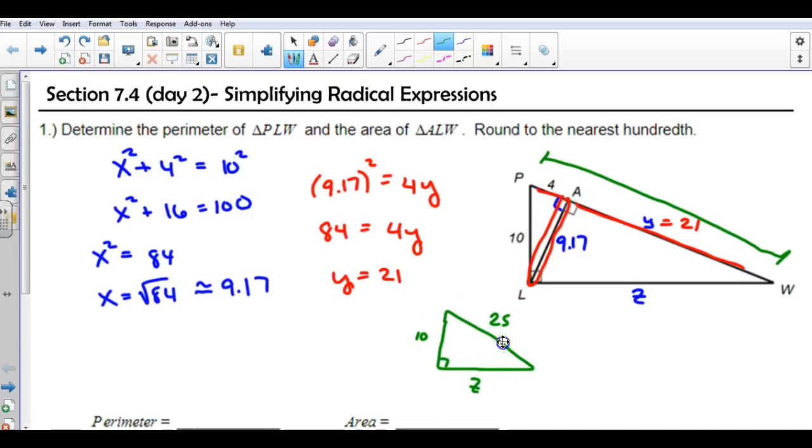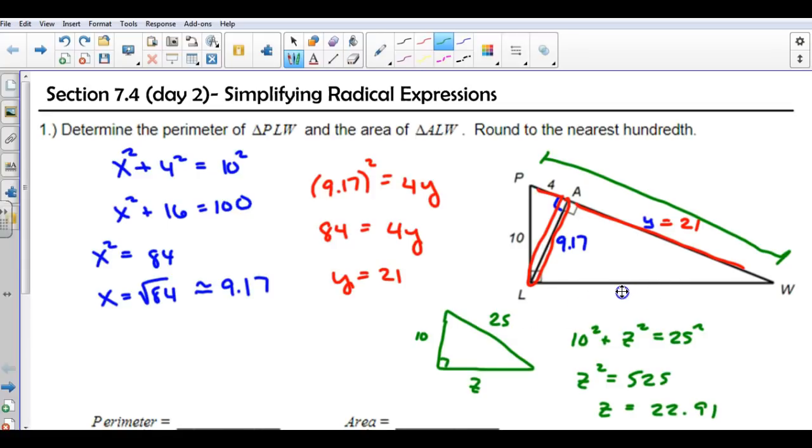So I can do the Pythagorean theorem one more time and say 10 squared plus z squared is equal to 25 squared. I'm going to end up with z squared is equal to 25 squared minus 10 squared, and that gives me 525. Then we take the square root of that number, and I'm going to end up with z being equal to roughly 22.91. So that gives me that bottom value.